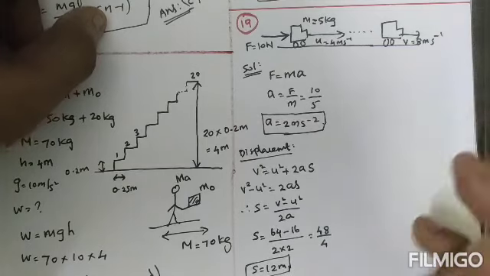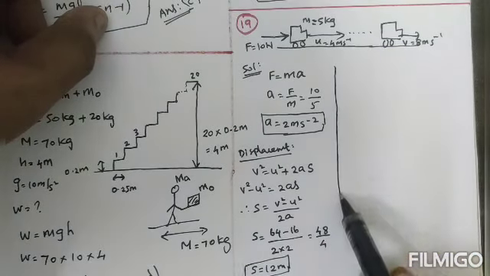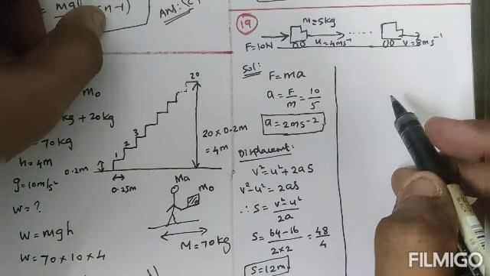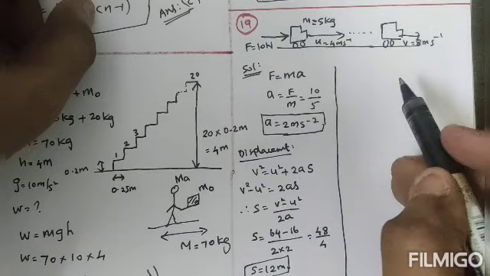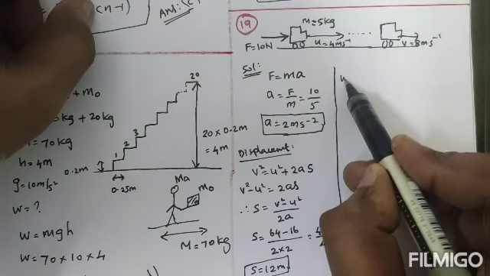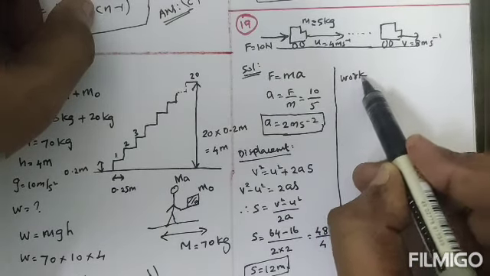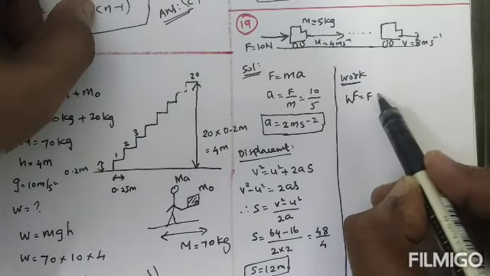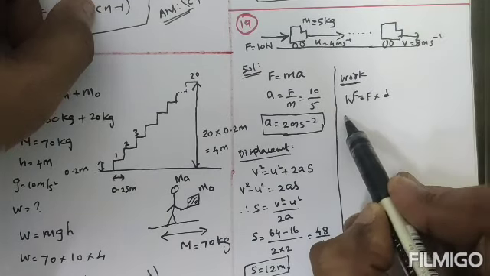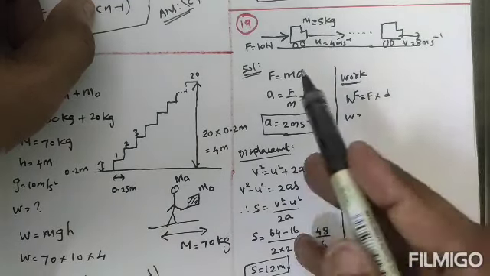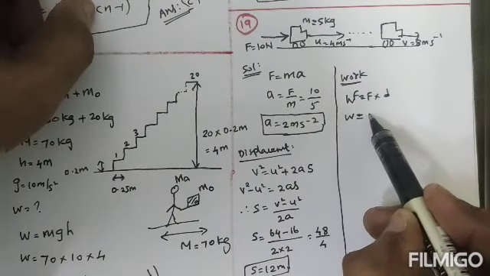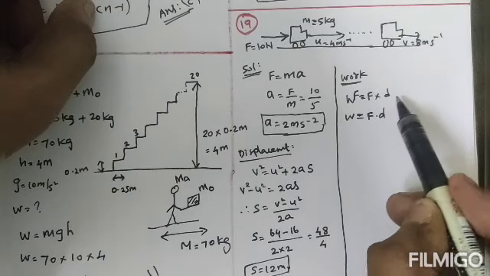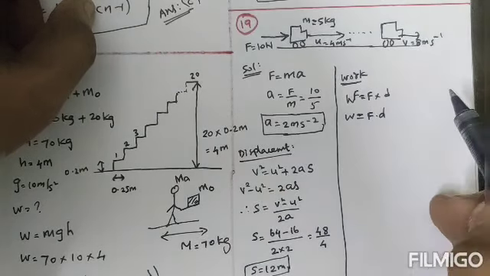Then finally we can compare one by one. So next, after displacement, I am going to calculate the work done. The work formula is force into displacement. Work done is equal to F dot D; this is the general formula, force into displacement.